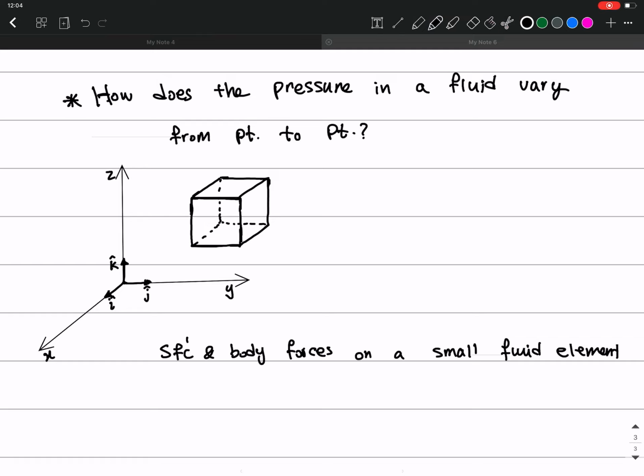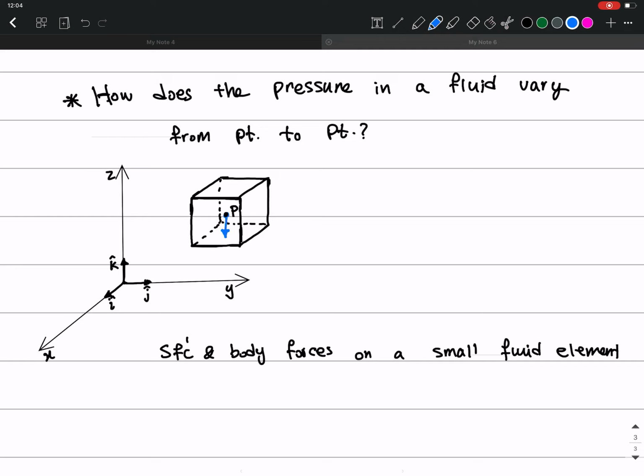So the first body force is the weight of the fluid element itself, right? If this is the center, I'm just going to show that as the body weight. This point in the center, I'm just going to call P, a point in the center of this fluid element.